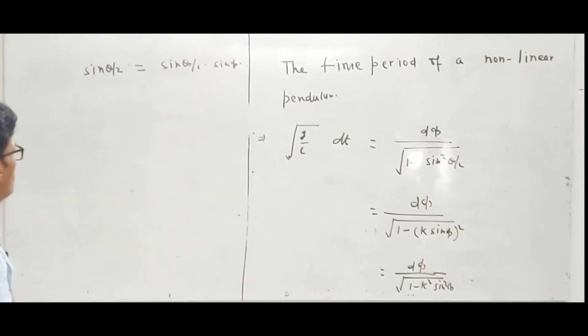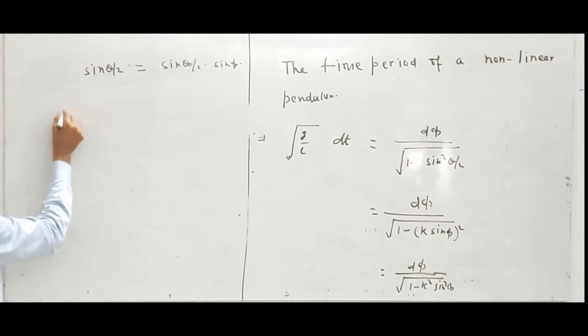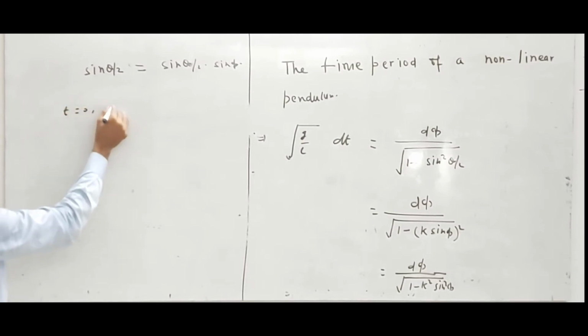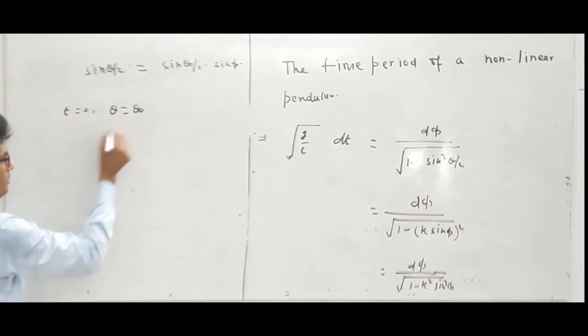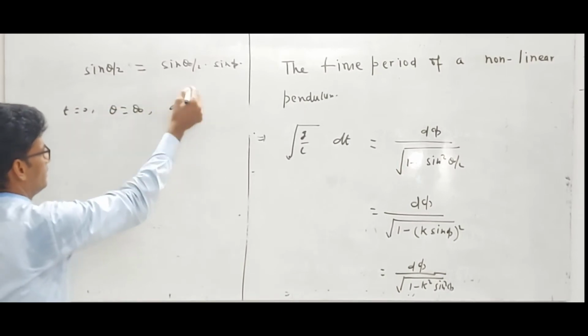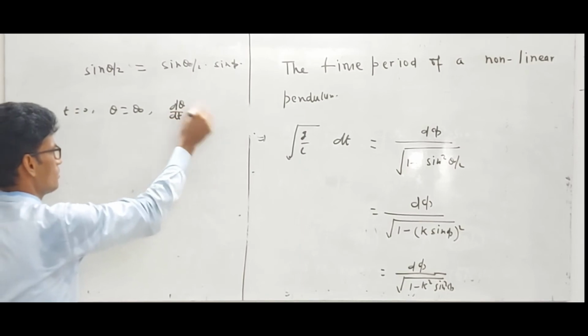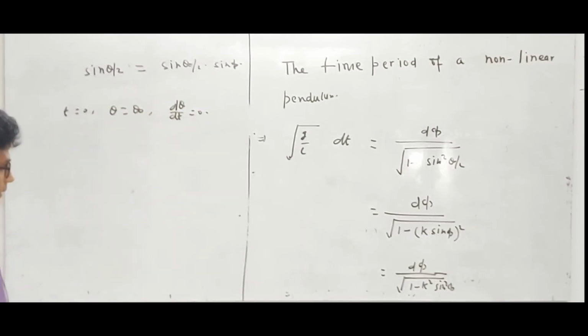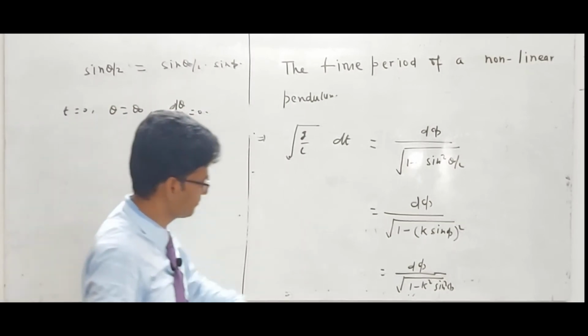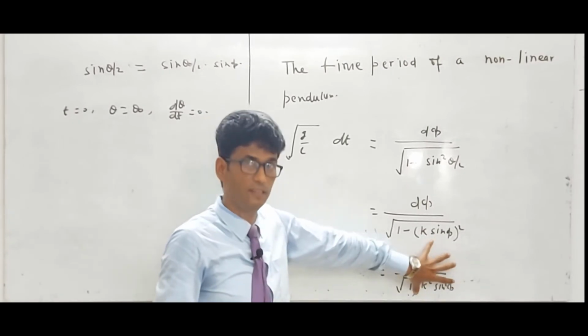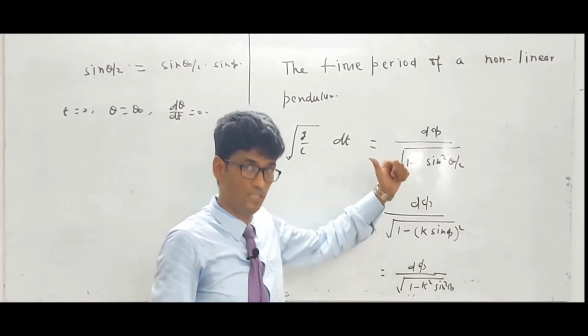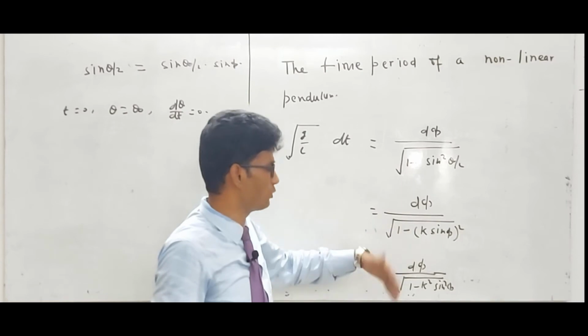Say at t is equal to 0, theta is equal to theta naught, and d theta by dt equals 0 is also the case here. Now, we are going to change the limit because our function is phi, but earlier it was a function of theta. So accordingly, we have to change the limit.